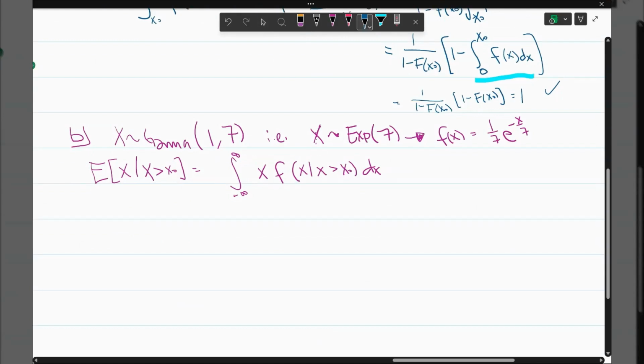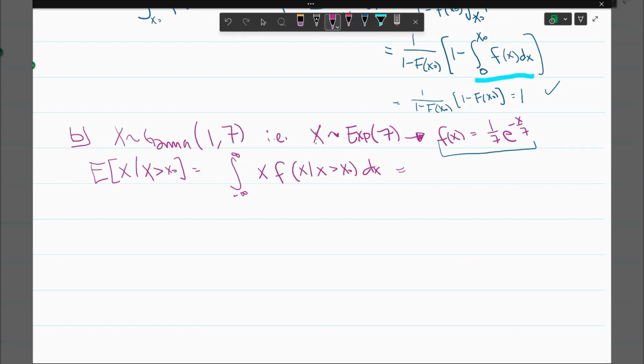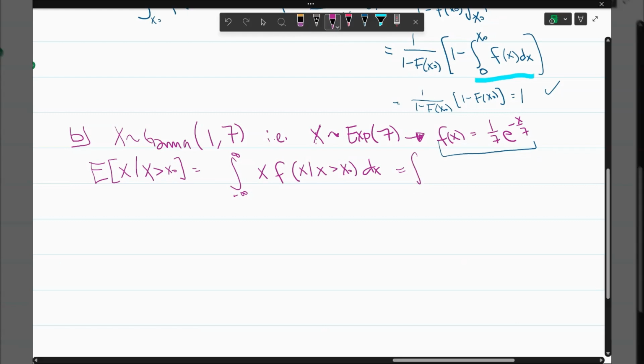Again, I'll make it even more explicit by saying this is equal to the integral from x naught to infinity of x times f of x divided by 1 minus big F of x naught dx.